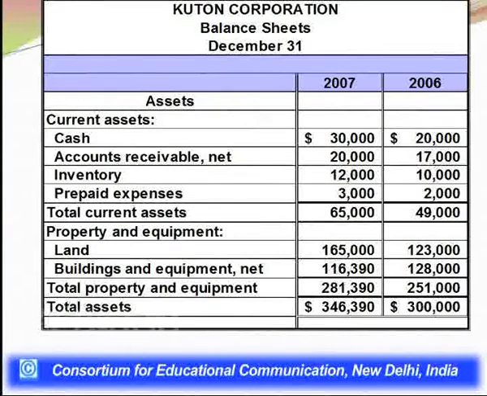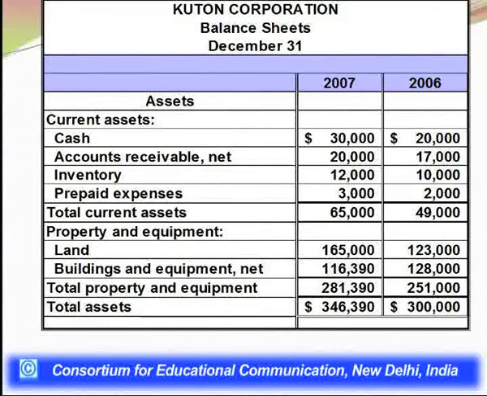Moving forward, if you have a look at PPE, property, plant and equipment, in that we have first land. Land was 123,000 in 2006, and this year the value of land the company possesses is 165,000. You may call it 1,65,000. The next is building and equipment.